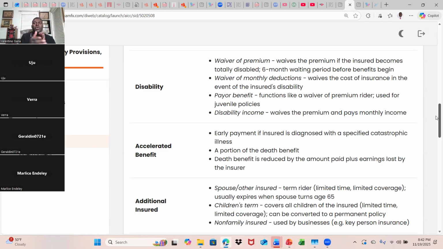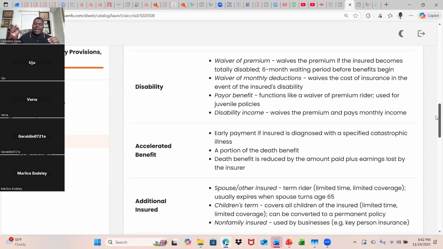When you get a policy, you can say, if I, the owner and the insured, become disabled, and for a period of 6 months I cannot pay the premiums, then the company is going to do what they call waiver of premium. And this is a rider.